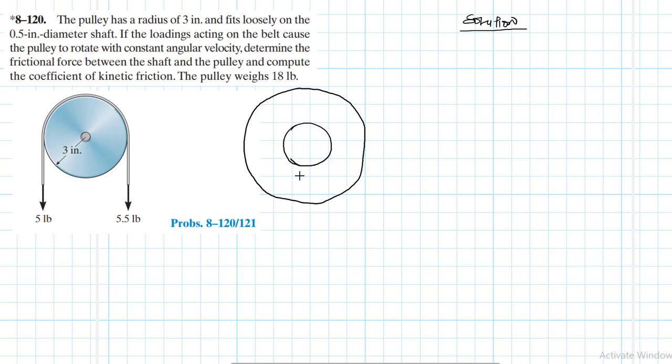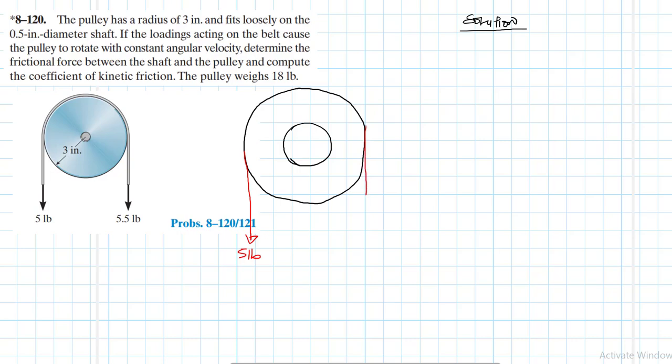But before I draw the pulley, I want to explain a few principles. We have been given, on one side, the weight of the belt over the pulley, which is 5 pounds.